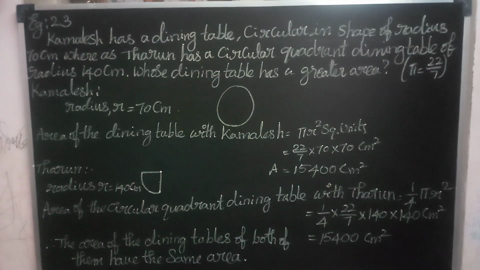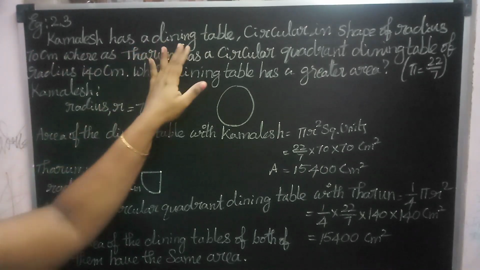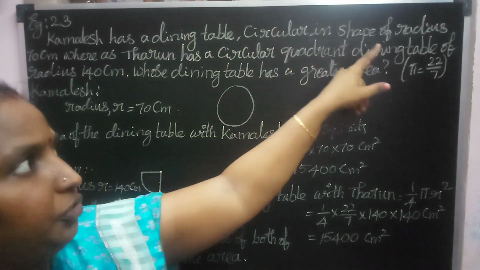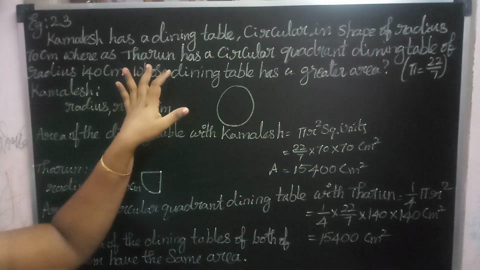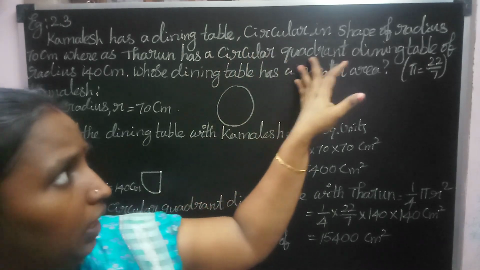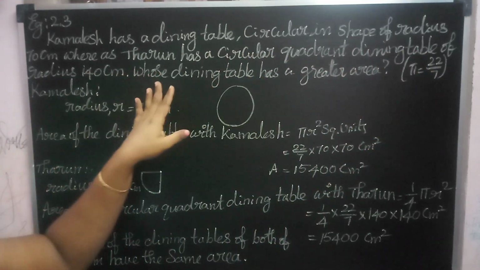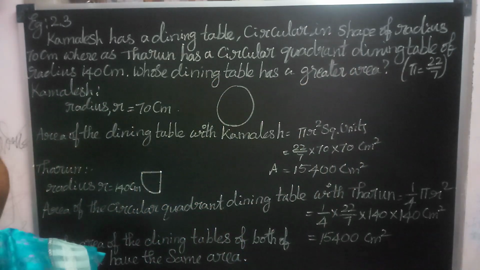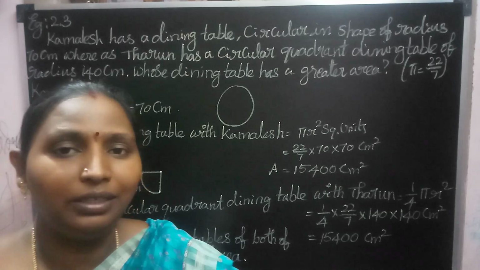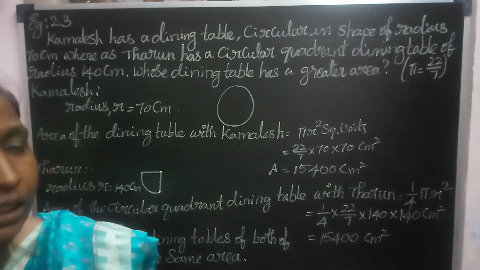So next we are going to see example 2.3. Kamalesh has a dining table circular in shape of radius 70 centimeter, whereas Tarun has a circular quadrant dining table of radius 140 centimeter. Whose dining table has a greater area? So here you have two persons, one is Kamalesh and the other one is Tarun. Both are having a dining table.